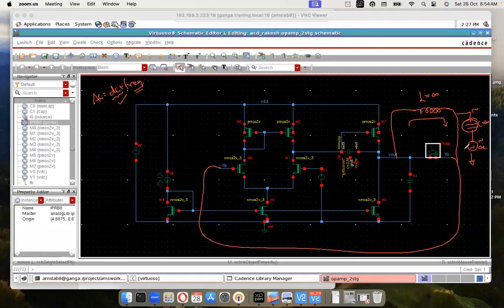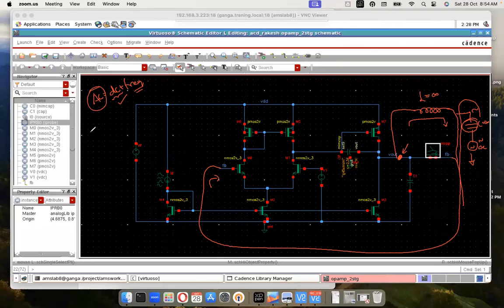For that, your AC source is enabled, and the capacitance just passes the AC input to the input of the op amp, and we will see the output at the V out node, which gives us the gain at high frequencies as well. Now, you can do this in the same setup of inductor, capacitance, and AC source, and run an AC simulation.